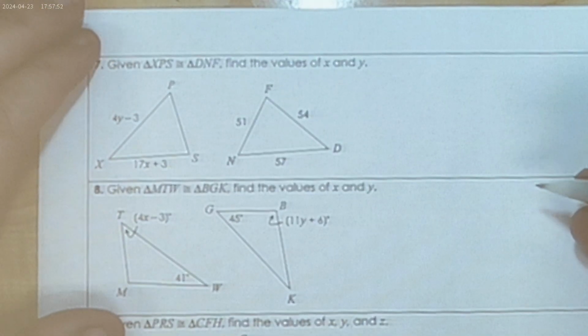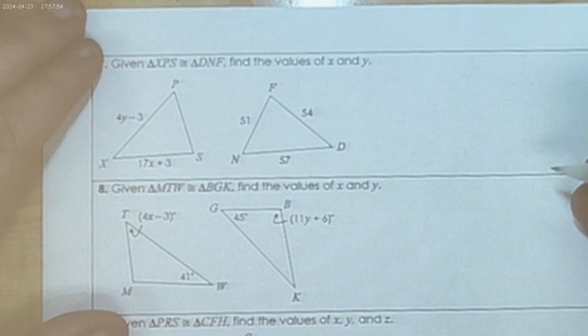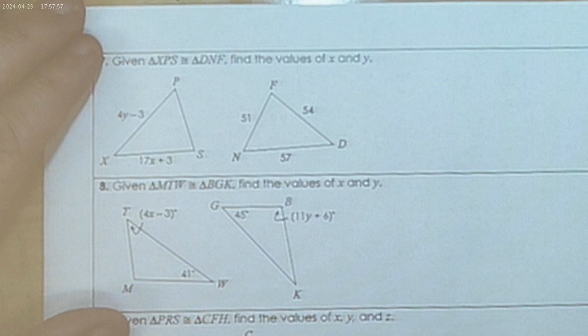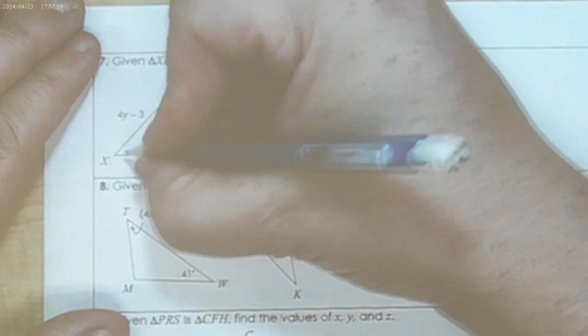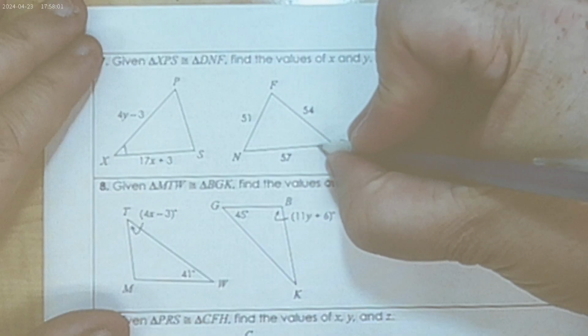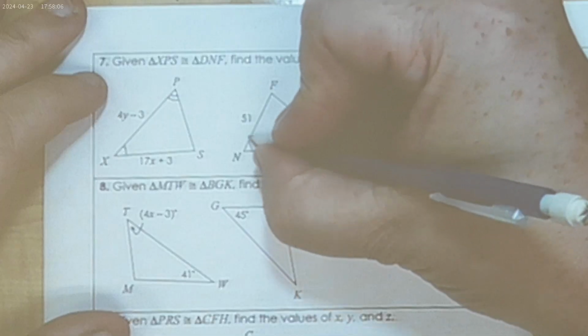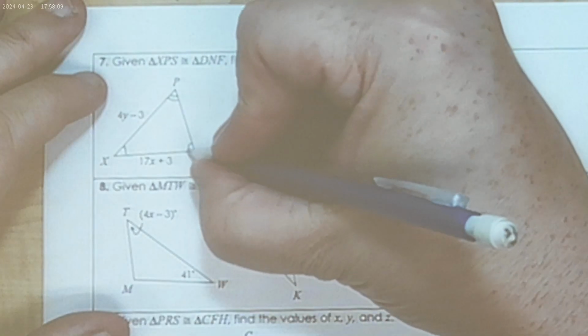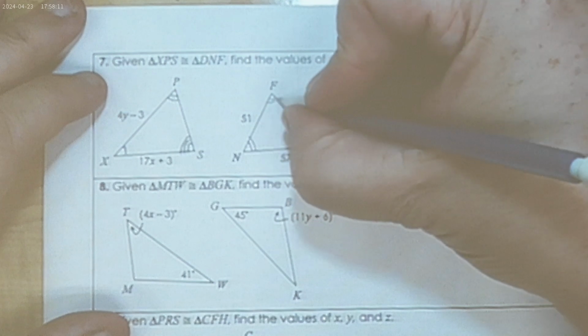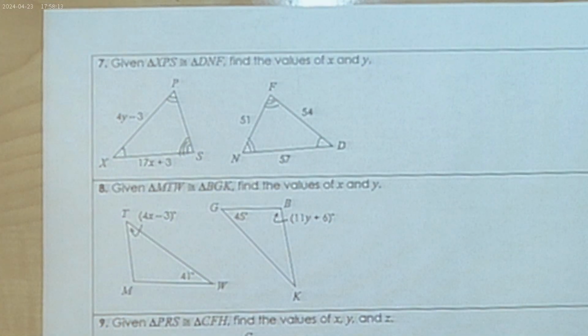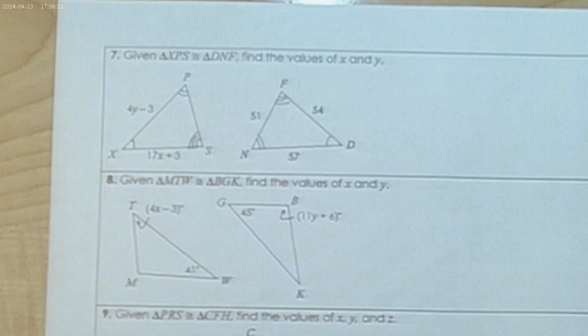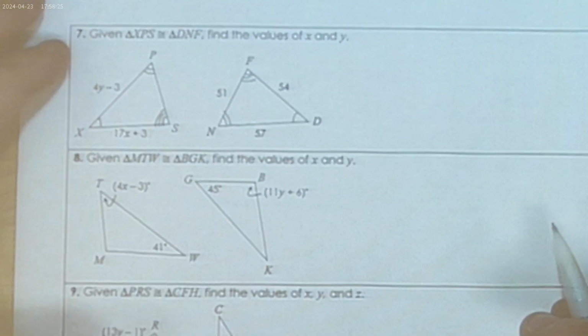All right, so once again, we have a congruency statement, so we are going to map out our reference angles first. So X goes to D, P goes to N, and then S goes to F. These are all kind of weirdly rotated, but because I've got the reference angles mapped out, now I can set up my equalities to solve for X and Y really easily.